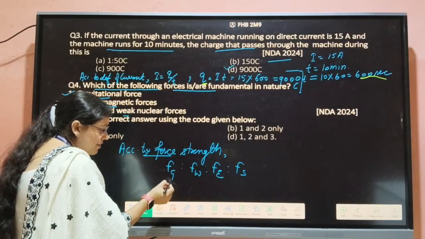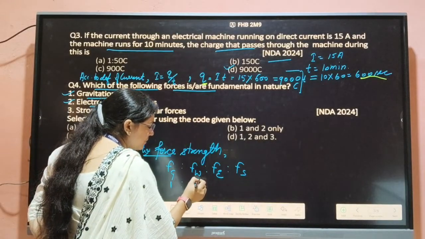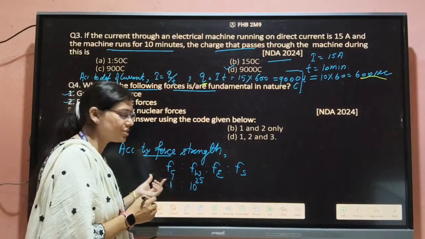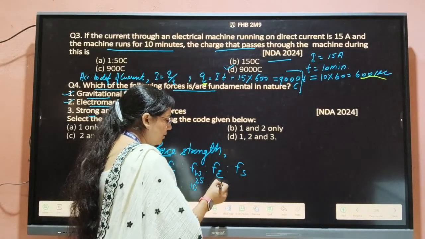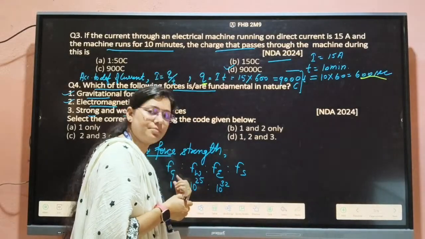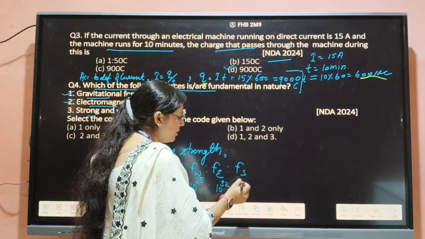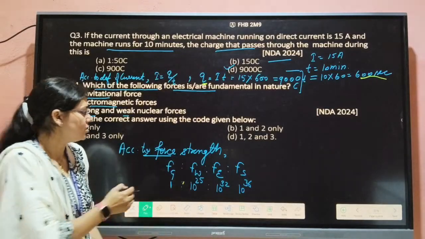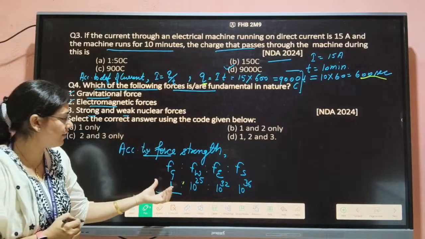If the strength of the gravitation force is 1, then the strength of the weak force will be 10 raised to power 25 times that of the gravitation force. If gravitation is 1, then the electrostatic force will be more than 10 raised to power 32 as compared to it. The strong force also has the maximum strength compared to the other forces. So this is the ratio of these fundamental forces.